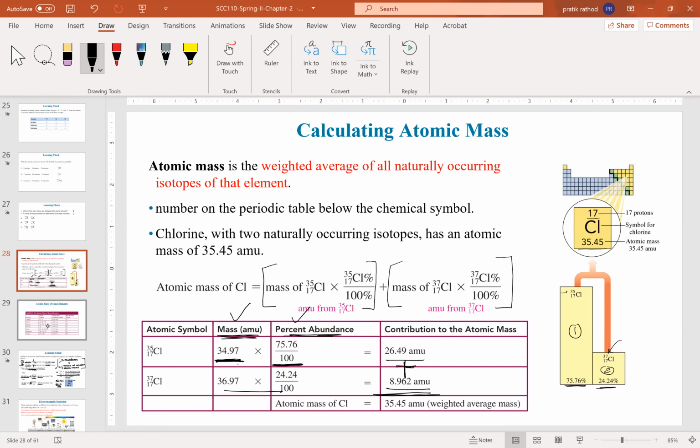It means you are simply adding them. So 26.49 plus 8.962, the total is 35.45. So I'm sorry if I said average in that sense, but yeah, it's simply addition. Okay, my bad. You're simply going to add the answers that you get from each isotope. Just add them up.